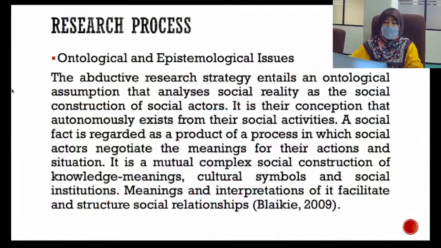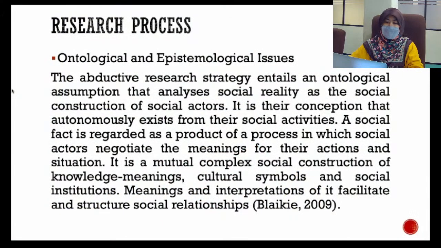Research process. Yes. Okay. I will try to describe my research process. Ontological and epistemological issues. The abductive research strategy entails ontological assumptions that analyze social reality as the social constructions of social actors. It is their conception that autonomously exists from their social activities.